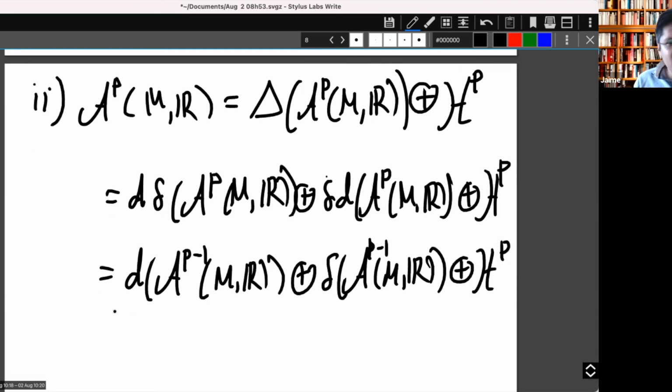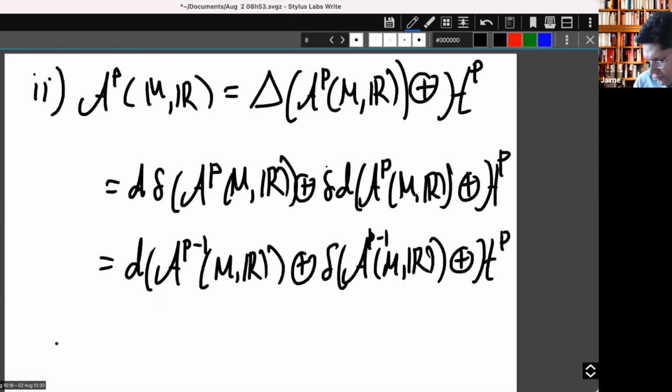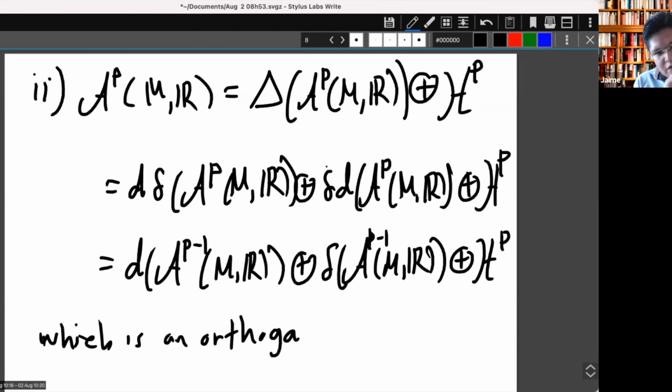So the space of p forms, okay, let me see something else, which is an orthogonal. No, it is not only a direct sum decomposition, it's an orthogonal decomposition.